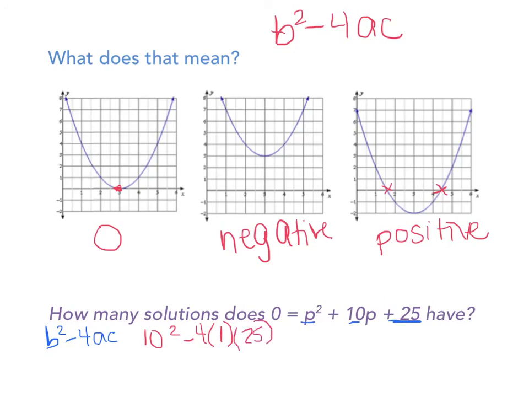So I have 10 squared, which is 100, minus 4 times 1 times 25. Well, that is 100 as well. So 100 minus 100 equals 0. Now, as I know from my notes before, it's going to be just like this graph, where there is one solution. So all I have to answer for that is there is one solution.